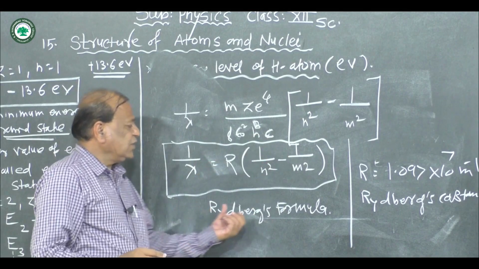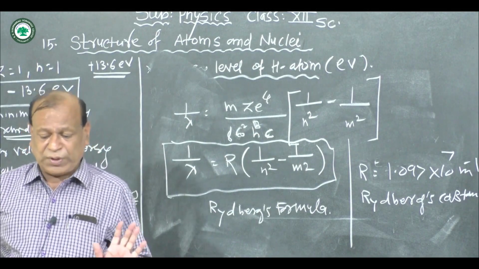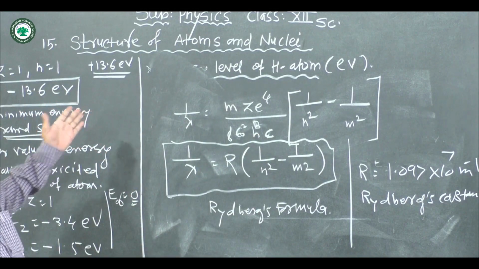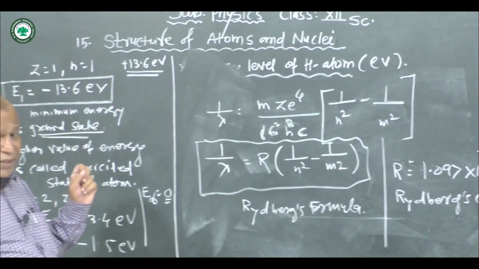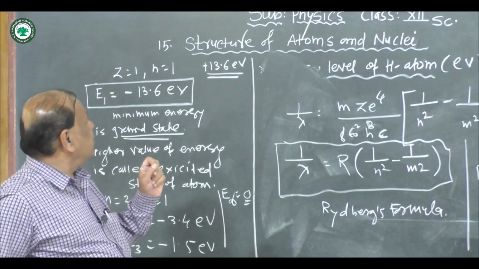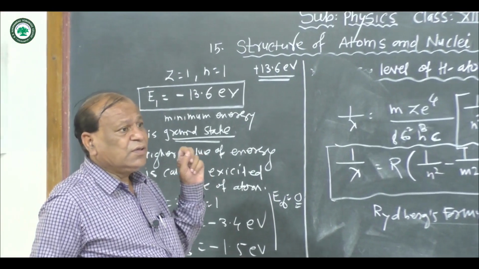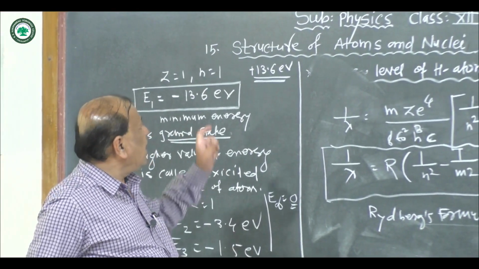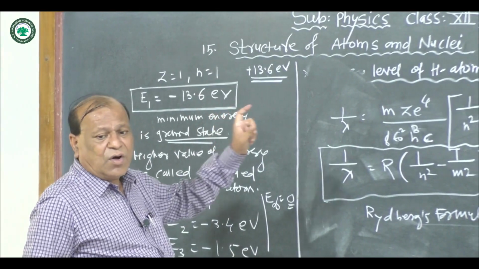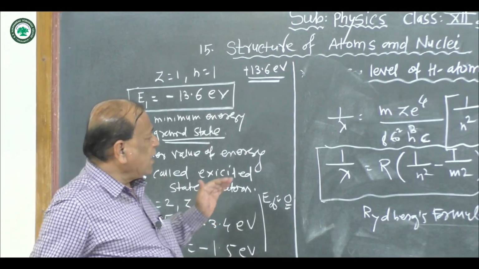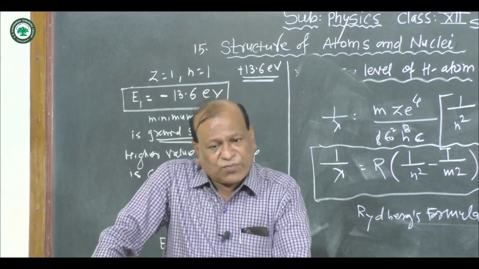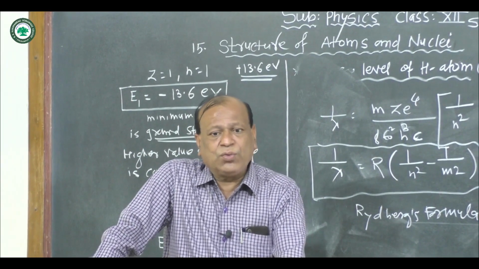This is known as Rydberg's formula. In this way we completed these two small topics: the energy of atoms, the energy levels of the hydrogen atom, and Rydberg's formula. Okay, now we can stop here.